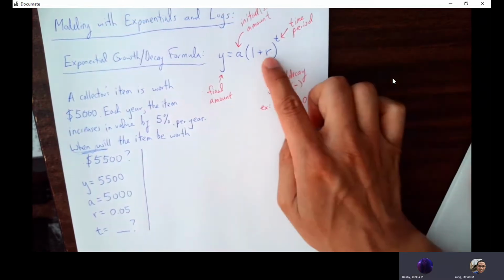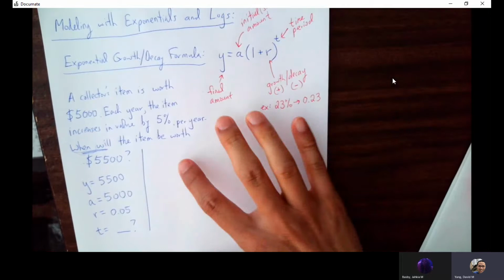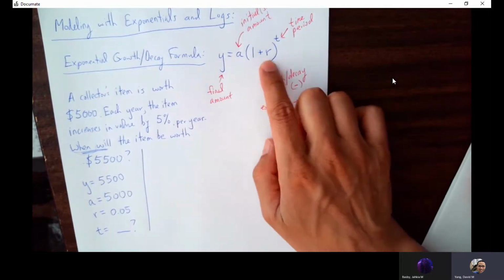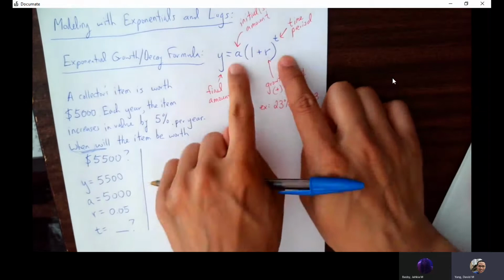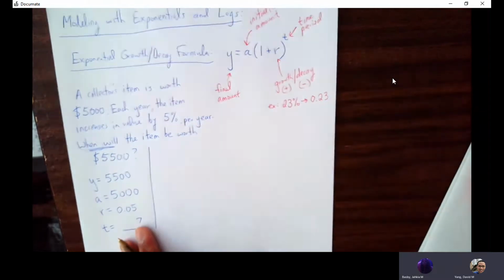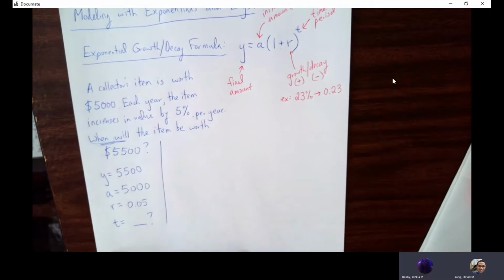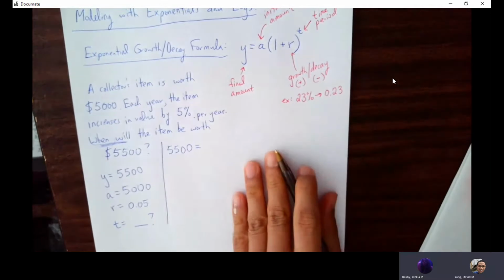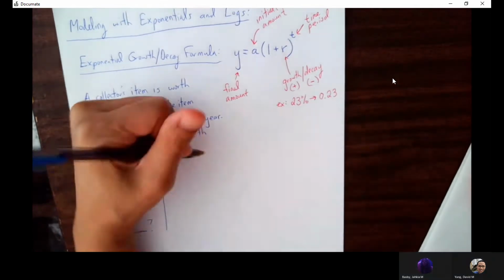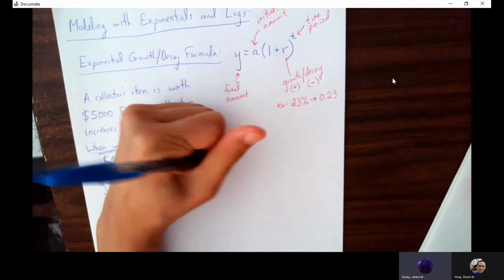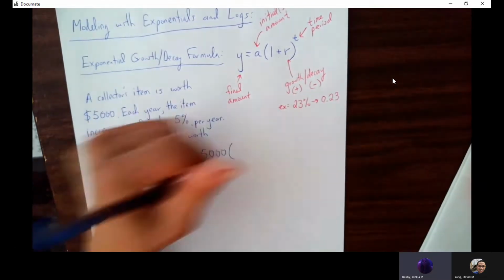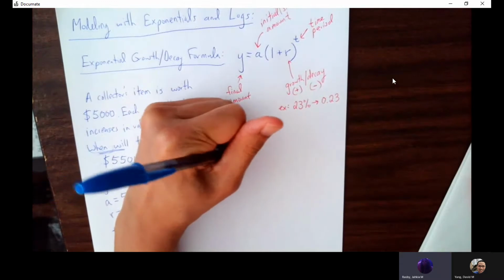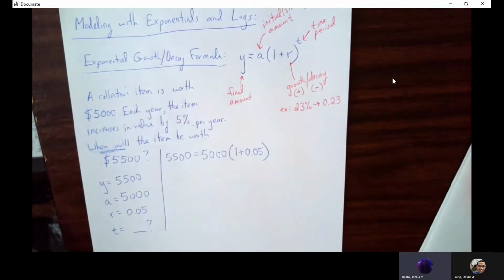All right, so now we're going to enter this. No calculator yet. We have to do some work here before we do the calculator. We're going to enter all these values into the equation. So tell me what the equation looks like. It would be 5,500 equals 5,000 parentheses 1 plus 0.05 and then close parentheses.